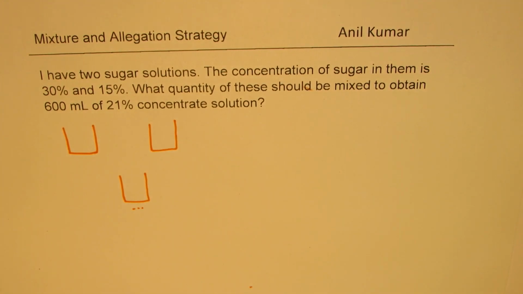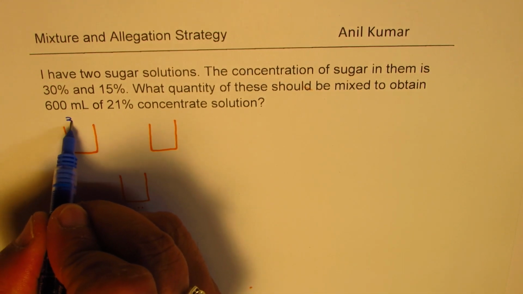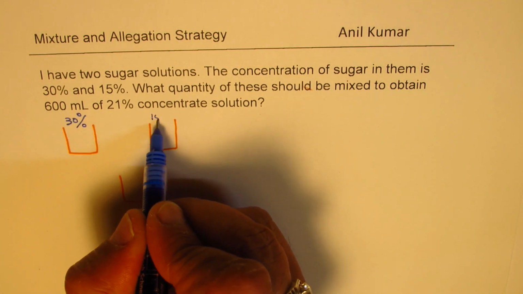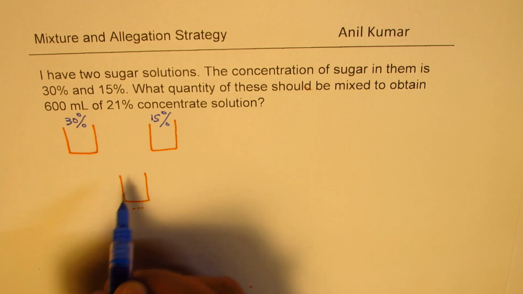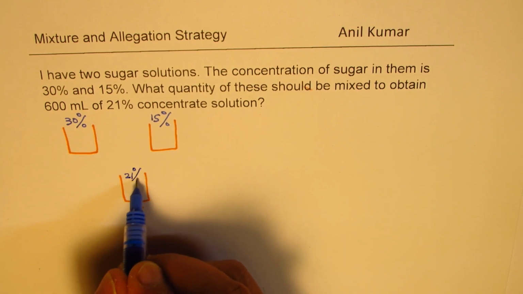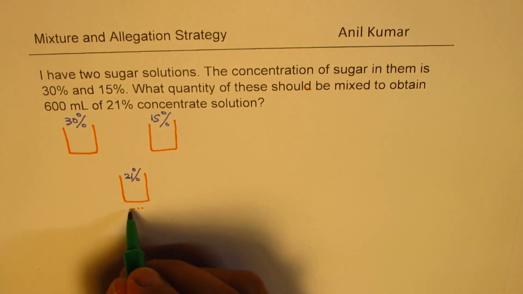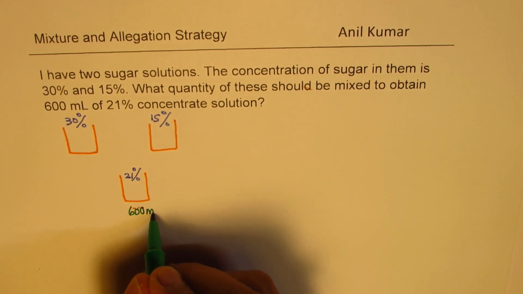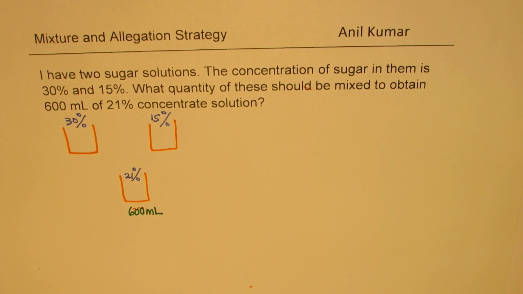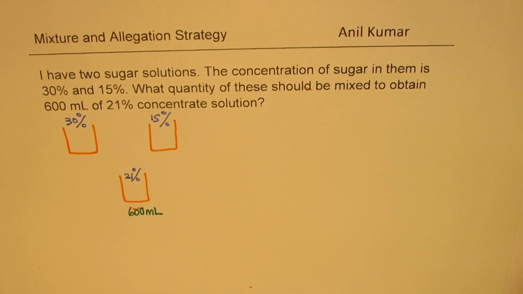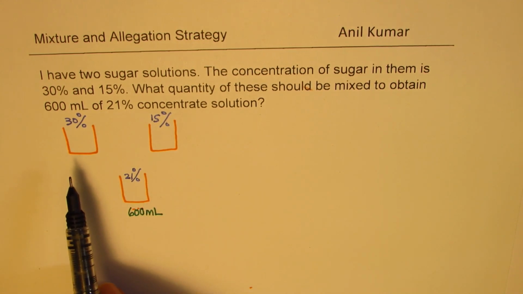Now here we know that one of them is 30%, the other one is 15%. We want something in between, which is 21%. We also know that this quantity of 21% is 600 ml. We need to find the quantities of the other two to be mixed. Definitely, you can use the equation.